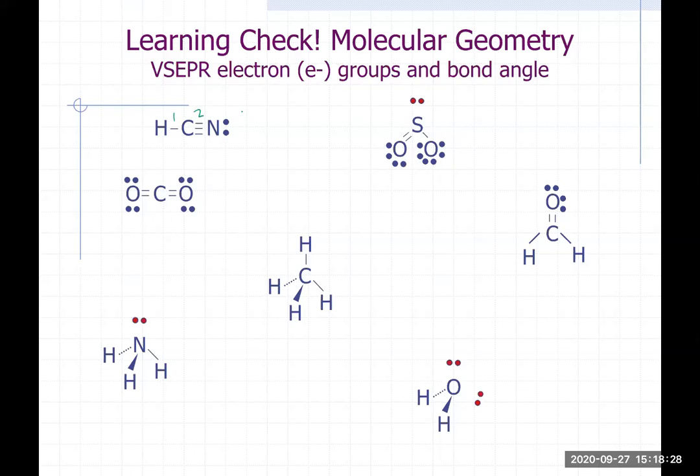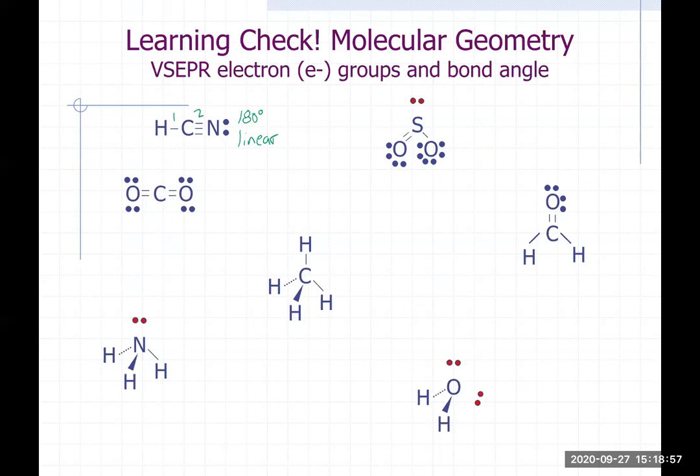That is 180 degrees. How do I know that? Because I memorized it. 2 VSEPR groups, 180 degree bond angles. 2 VSEPR groups, both bonding. The molecular geometry is linear. Again, it's the same as the electron geometry would be. 2 electron domains and 2 atoms there that are surrounding the central atom.